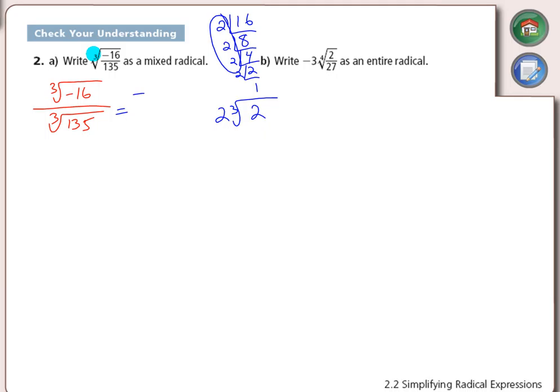Color coordinate this for you so you can see where things are going. So those go to the outside. This lonesome one goes inside. Let's bring that back in. I know that I can take the negative out because it's a cube root. So 2 and the cube root of 2 over.